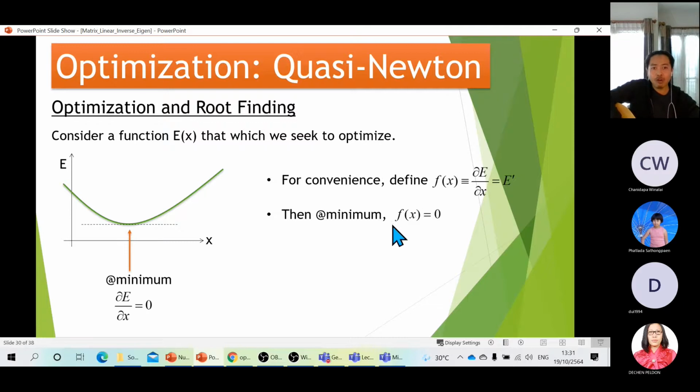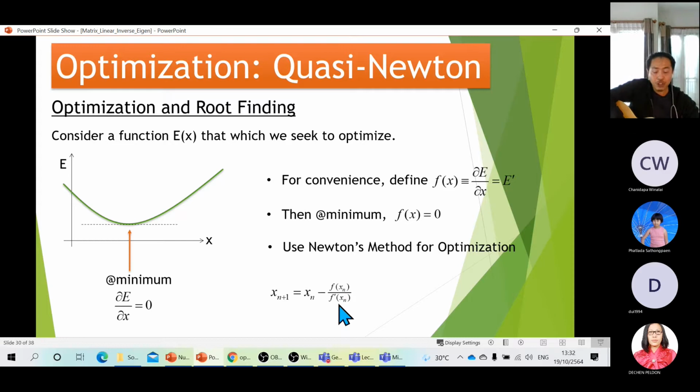Well, we go back now to the root finding problem. So we can use all the tricks, all the techniques that we have studied in root finding to solve the optimization problem, using a simple definition like this. So how do we find the minimum value of the E? If you remember Newton's method for root finding, we have this updating scheme: the F upstairs and F prime downstairs.